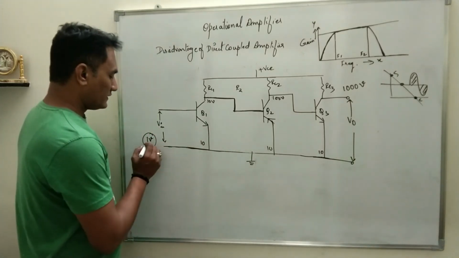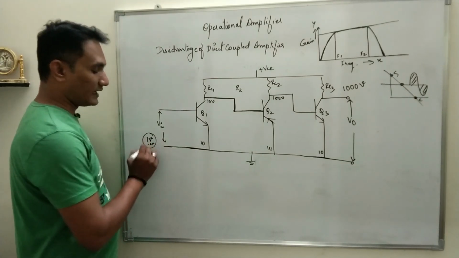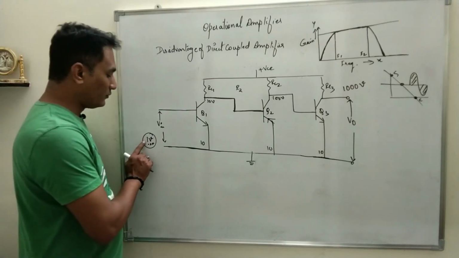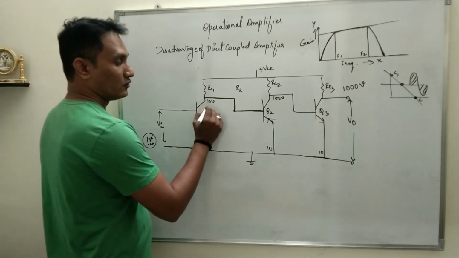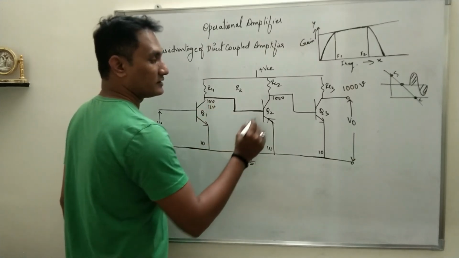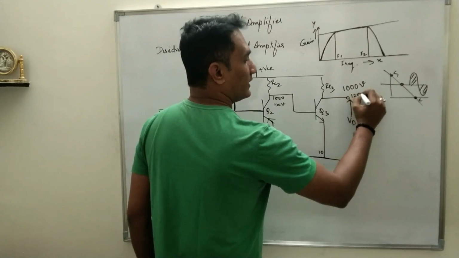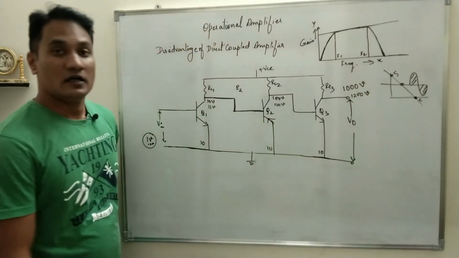Say a small noise of 0.2 volts appears at the input. So now what will be the input? Input will be 1.2 volt. So when it is multiplied by the gain, it will be 12 volt at the first stage, 120 volt at the second stage, and it will be 1200 volt at the output.